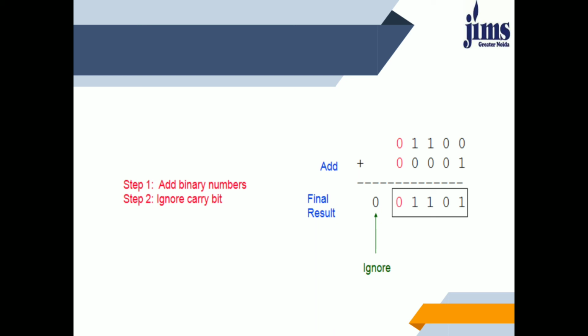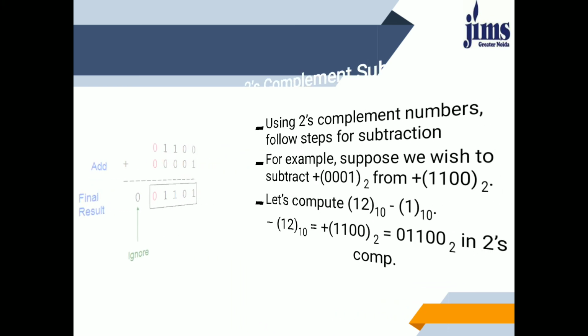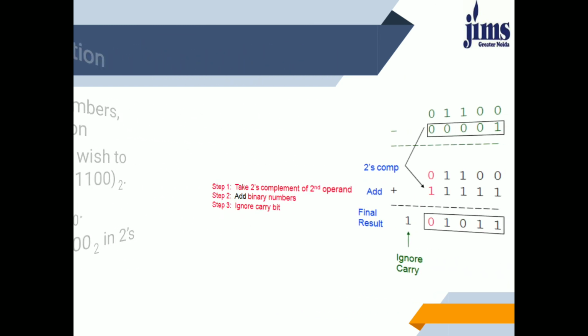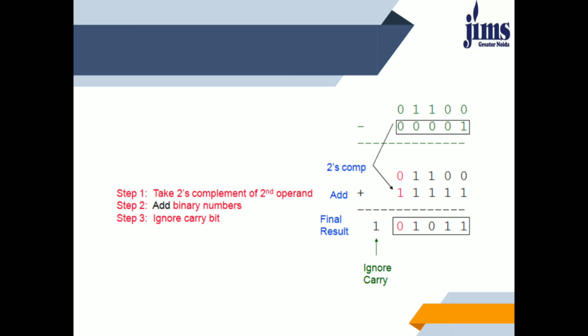Suppose we wanted to subtract the number using 2's complement, that means 12 minus 1. So, 12 is simply written as it is, 1100. Now, from this 12, 1 is subtracted. To subtract, we need to take the 2's complement of this one. So, to take the 2's complement of 1, what will we do? 0001 is the equivalent of 1.